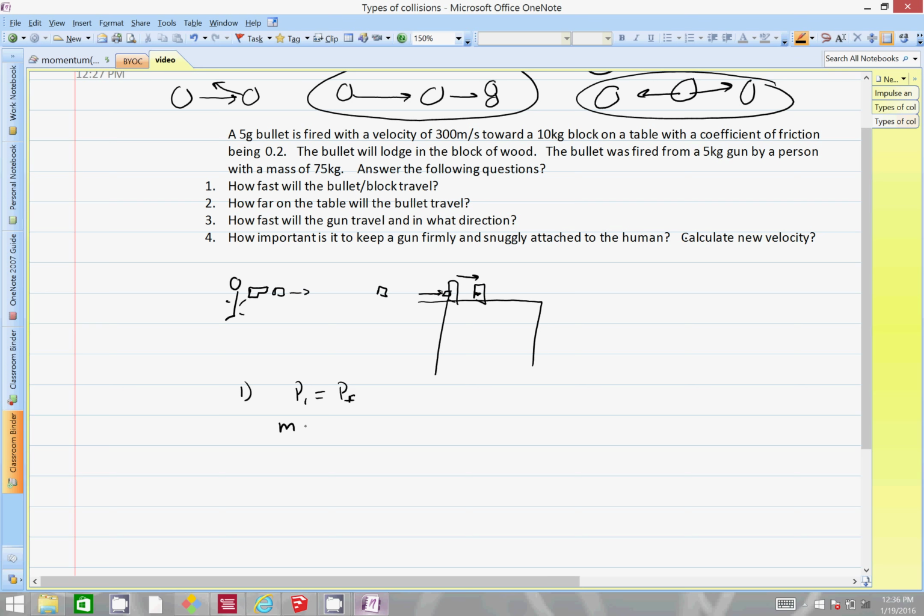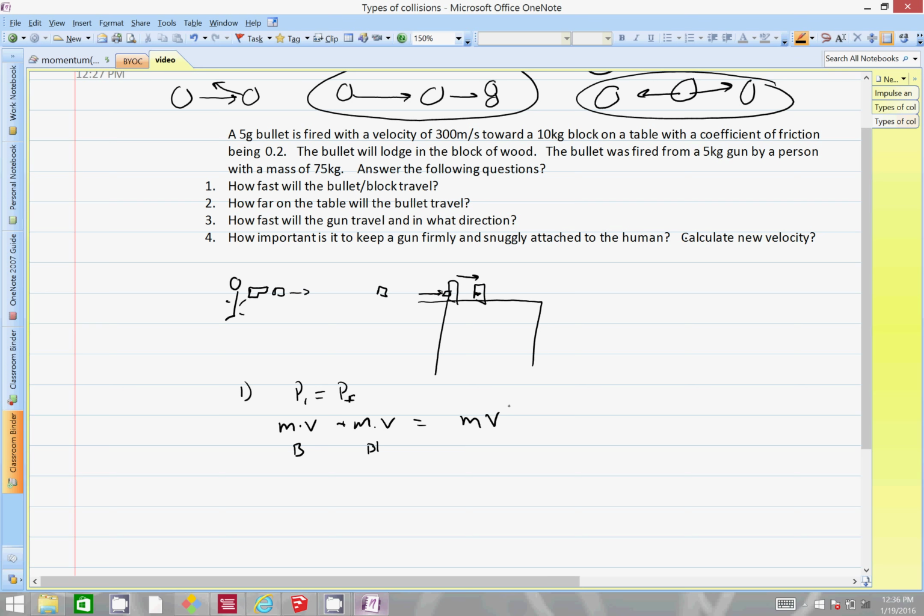So the mass times the velocity of the bullet plus the mass times the velocity of the block will equal the mass of the entire object times the velocity of the entire object.